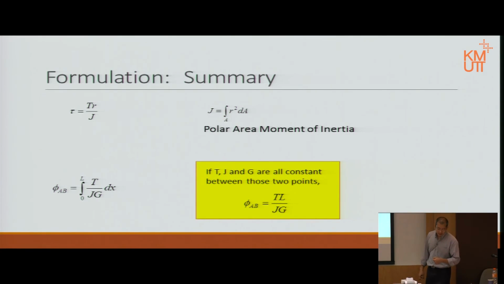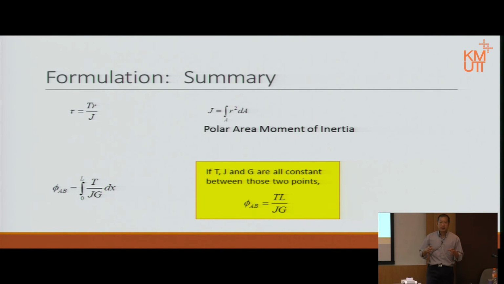And what happens if T, J, and G are constant? If all of them are constant, then this is the expression. So mainly for this topic, these two are for the stresses, and these two are for the angle of twist deformation.